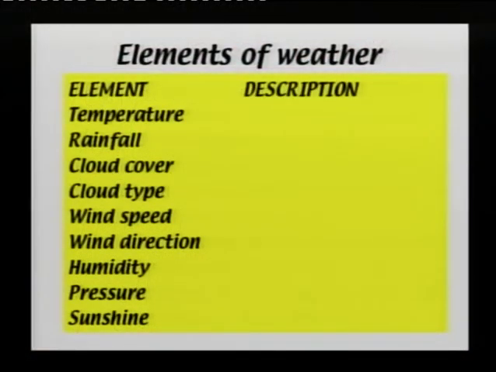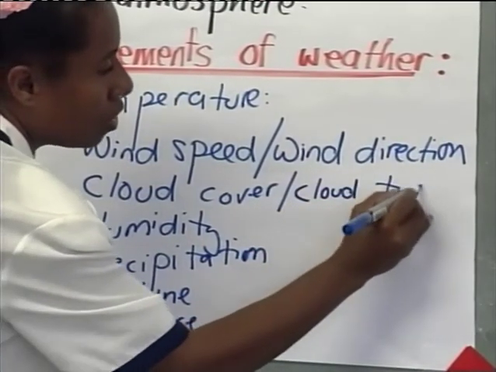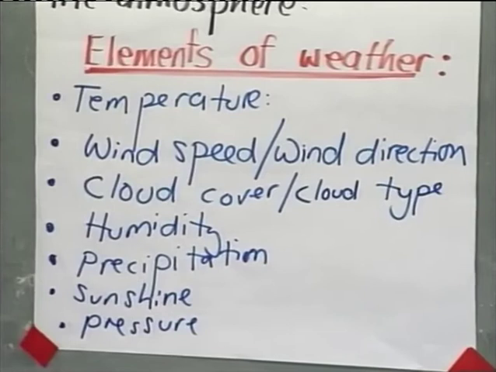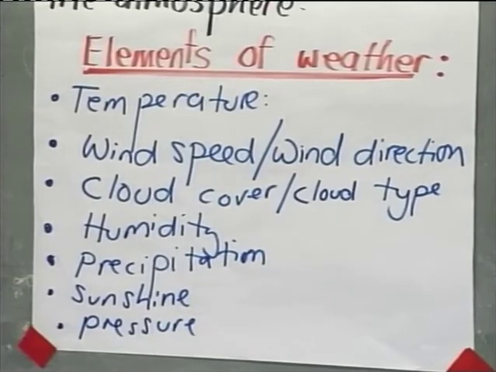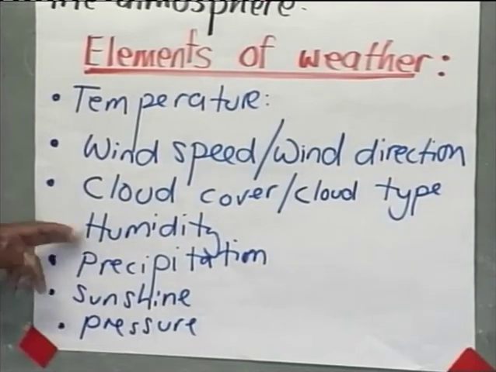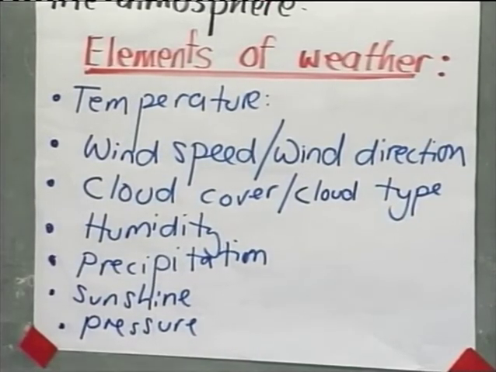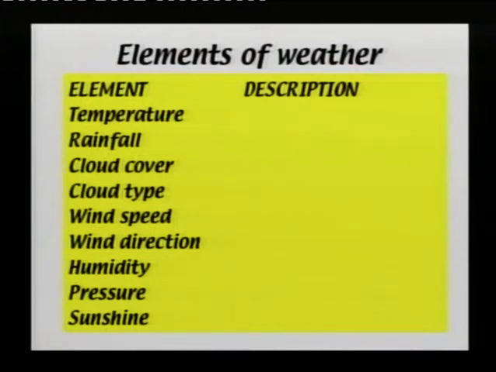There is something else that we can also include with cloud cover, and that is cloud type. The meteorologists are interested in the cloud type because they are able to predict whether it's going to rain in the next 24 hours or not. So cloud type is also important. Humidity, wind speed, wind direction, pressure, and sunshine.